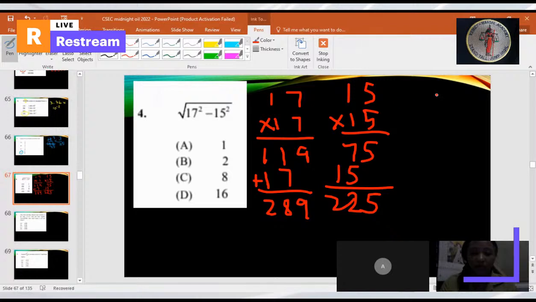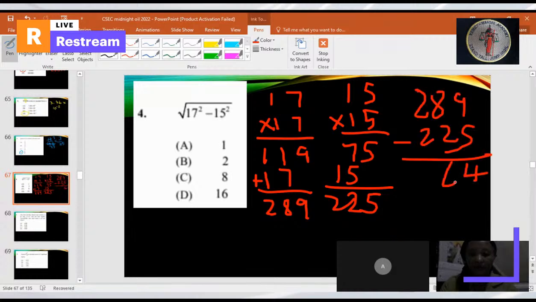So when we subtract those, we get 64, and the square root of 64 is 8. So the answer for that would be C.